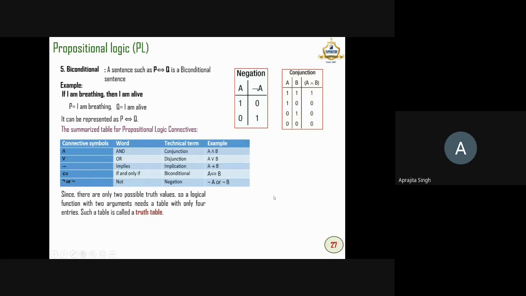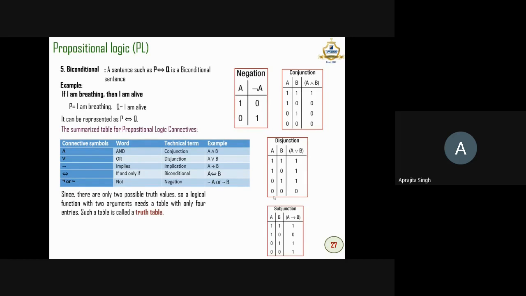So conjunction is an and, disjunction is an or. You can create this truth table. And implies. So here, if it is implies, only when this is true, this is false.